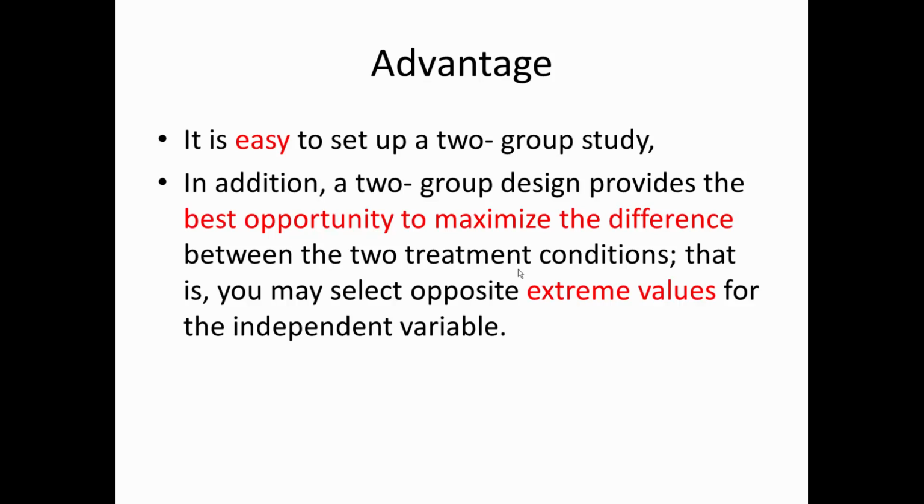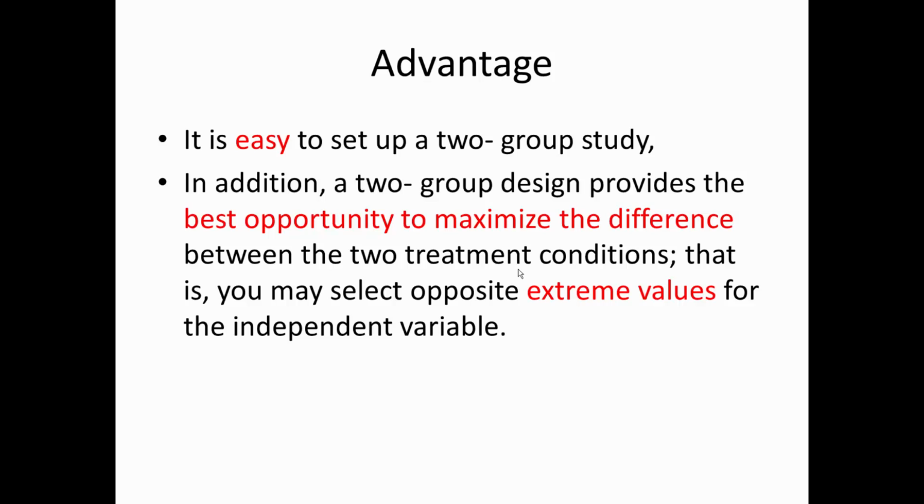The good thing with using two groups and a t-test is that it's easy to have only two groups, and also because you have only two groups, you can use extreme values in terms of your treatment.